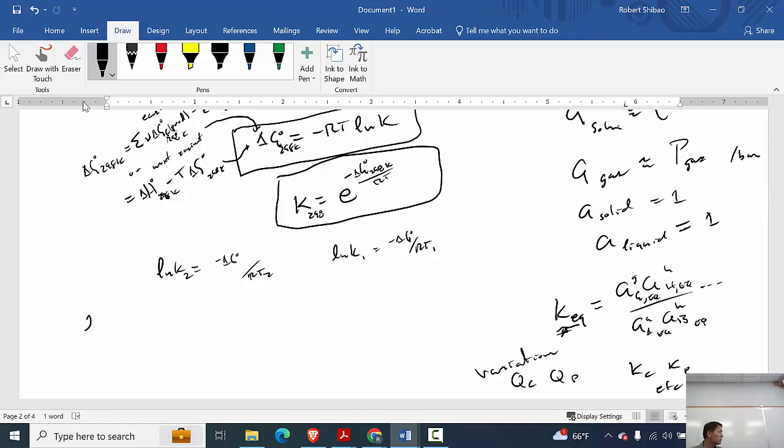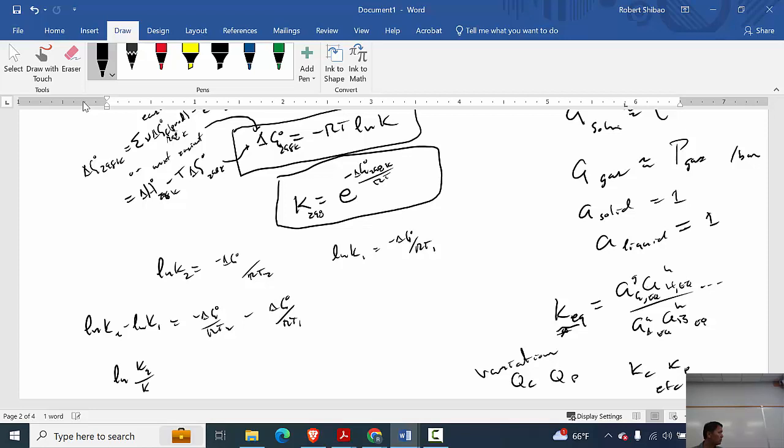And so what I'm going to do is take ln of k2 minus ln of k1. And that's going to equal minus delta G naught over RT2 minus delta G naught over RT1. And then I'm going to use the property of logs.